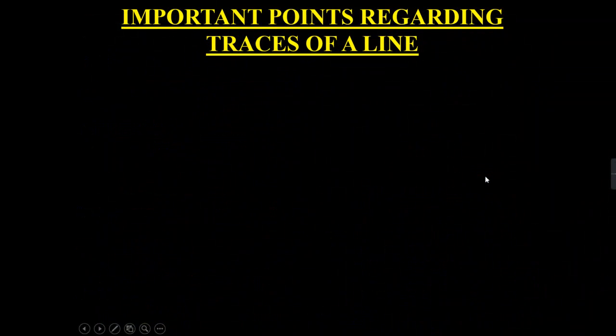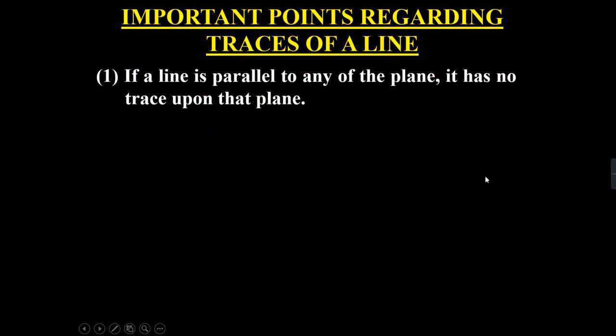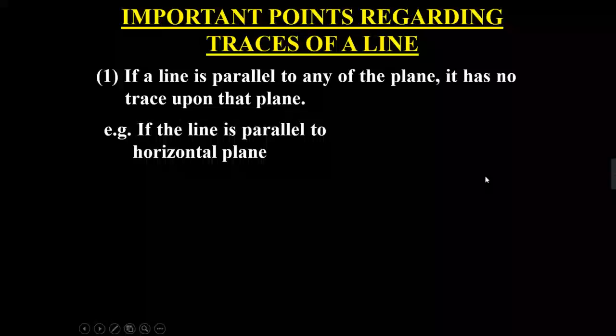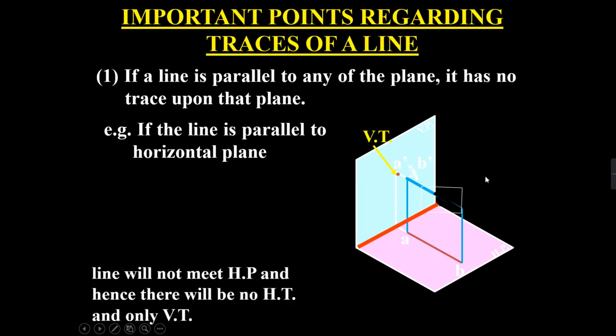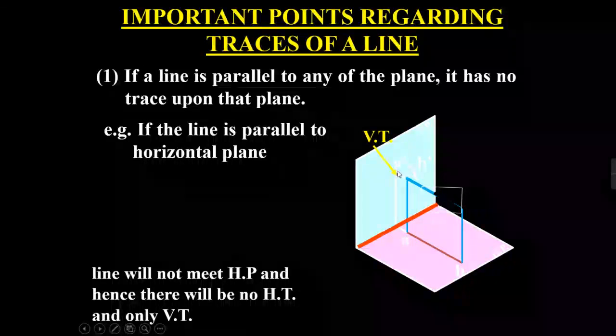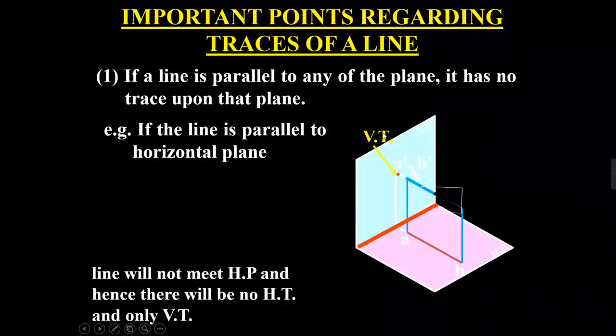So here are some other important points. If a line is parallel to any plane, there will be no trace upon that plane, that I have already mentioned. For example, if the line is parallel to the horizontal plane, as you can see this line is parallel to the horizontal plane, you will get only the vertical trace.